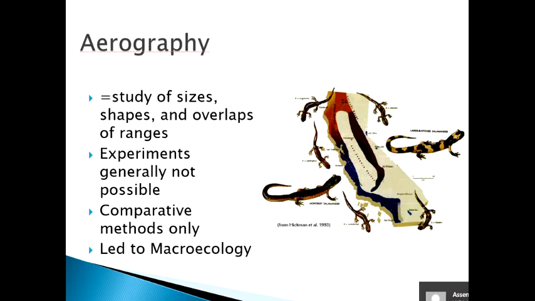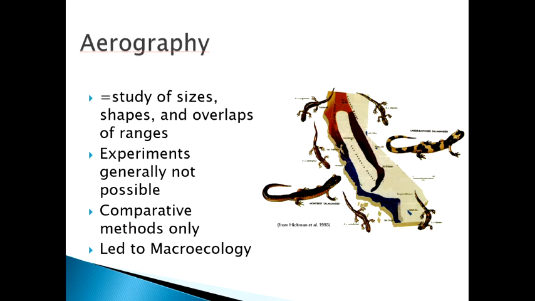This began as a study that was called aerography. We don't really use that term too much anymore, but this looked at these salamanders that are shown here, various sizes, shapes, other features, and their geographic ranges. Experiments were not possible, it was just comparative work.